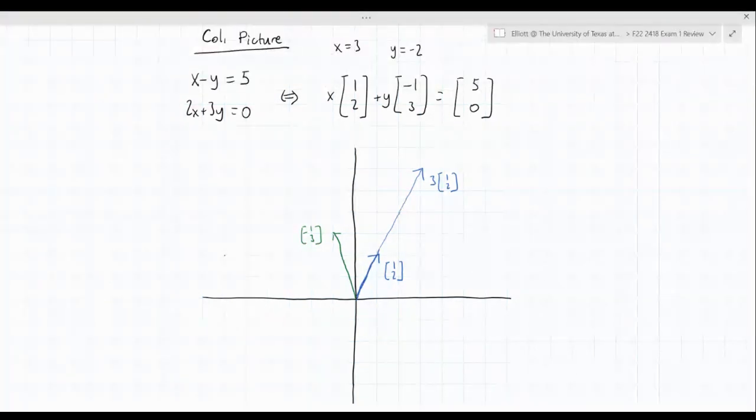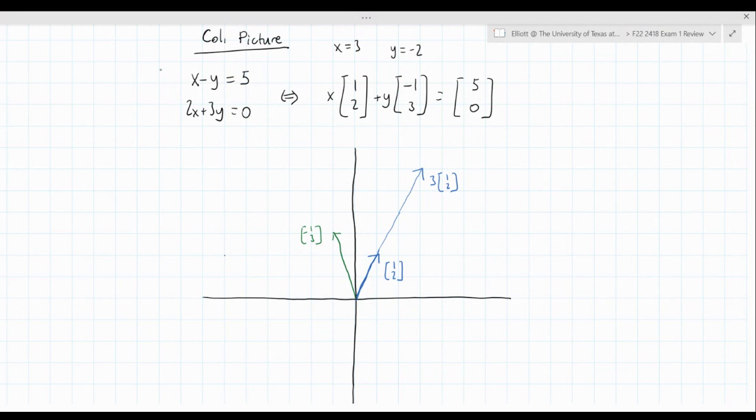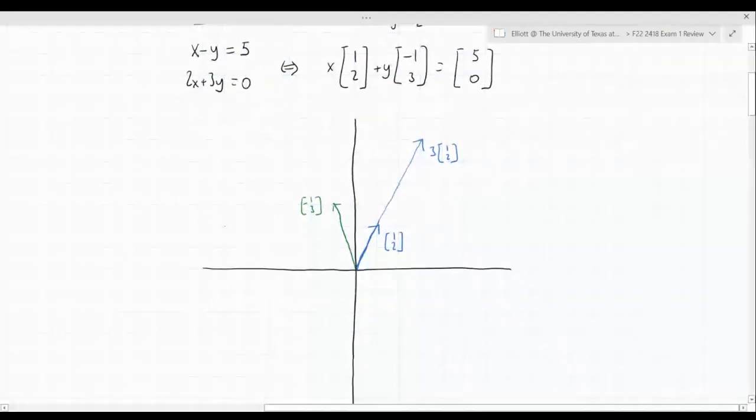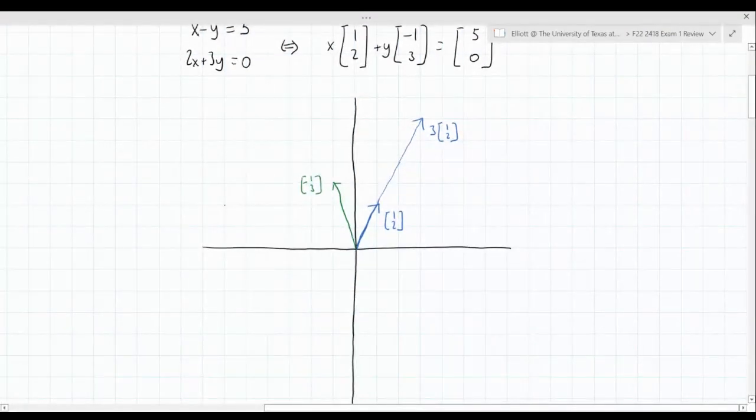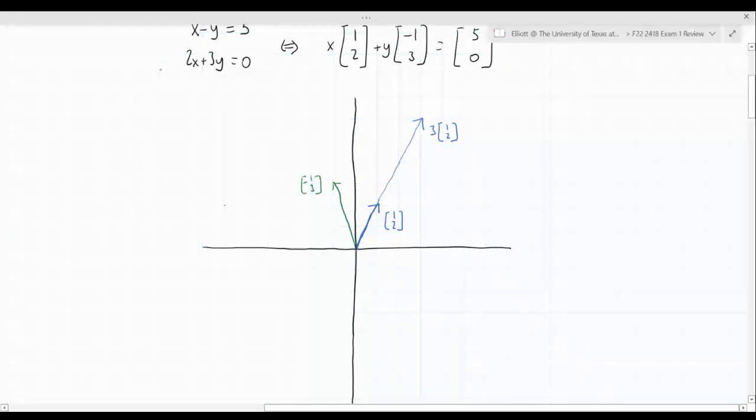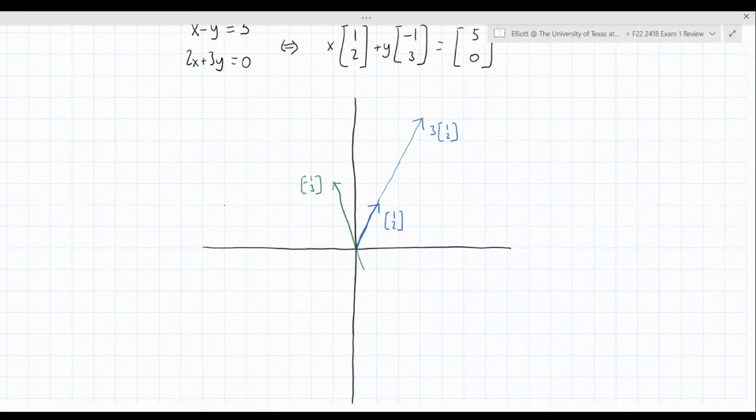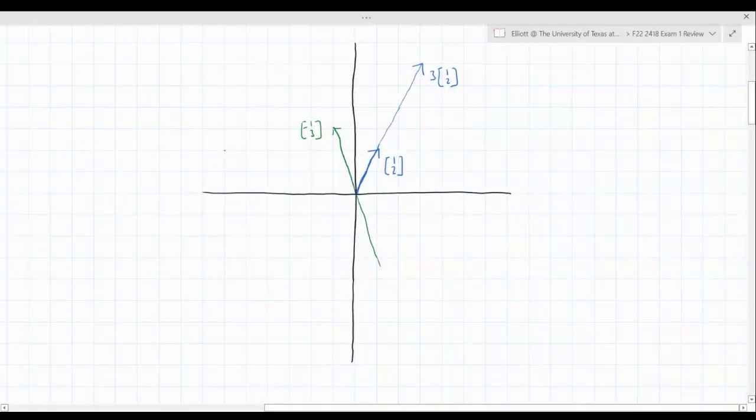And then similarly, we found earlier that y was -2. So what I want to do is take the vector -1, 3 and multiply it by -2. Since we're multiplying by a negative, it's going to go in the opposite direction. And then the 2 means that you're going to double the length as well. So this vector here should be -2 times the vector -1 and 3, okay?